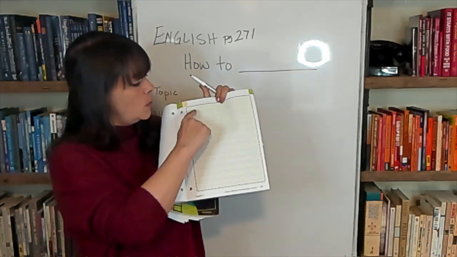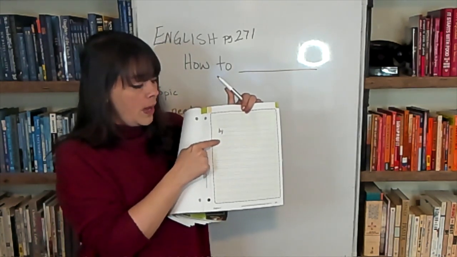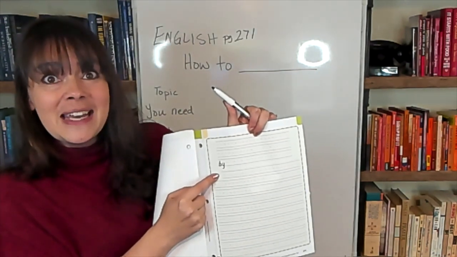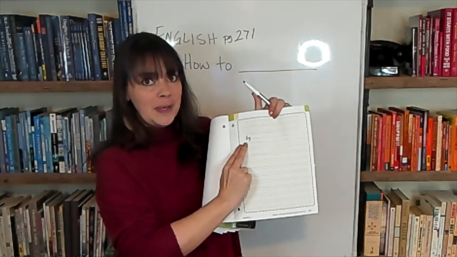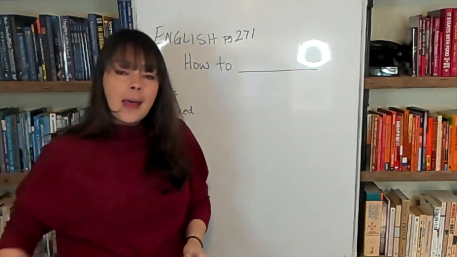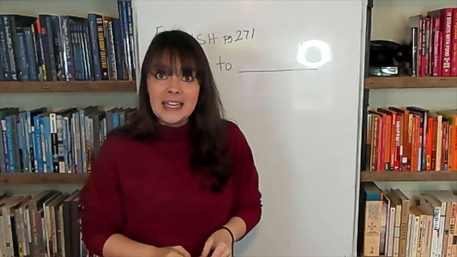It gives you a place at the top for your title and for your name, and the way that the lines go, it even helps you remember that it needs to be indented. A new paragraph always is indented, moved over just a little bit on a paper, right? So you're going to use that paper to write your final draft, take a photo of it and send it to me.